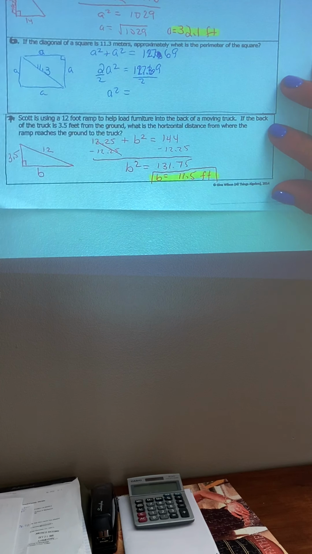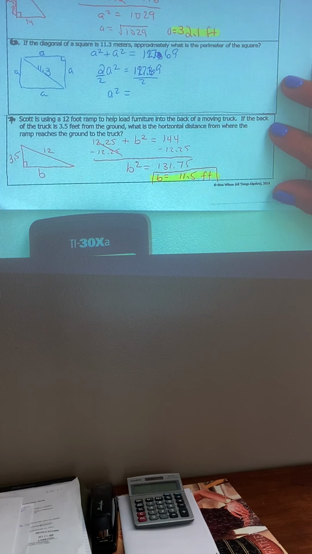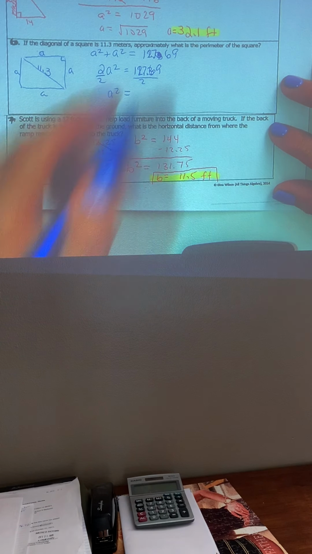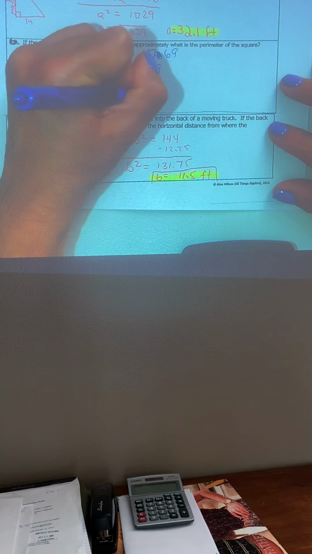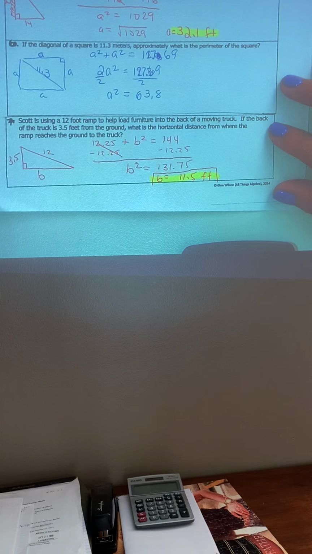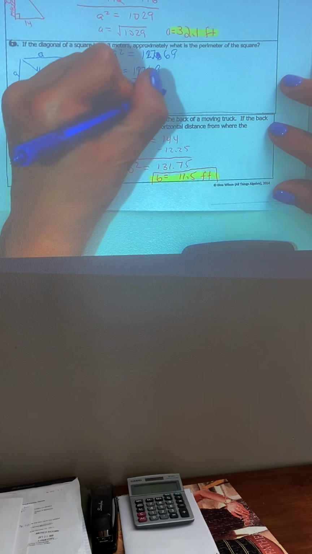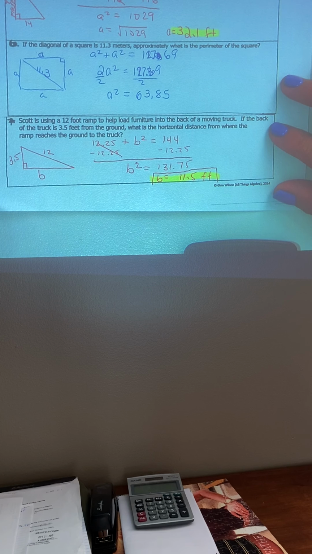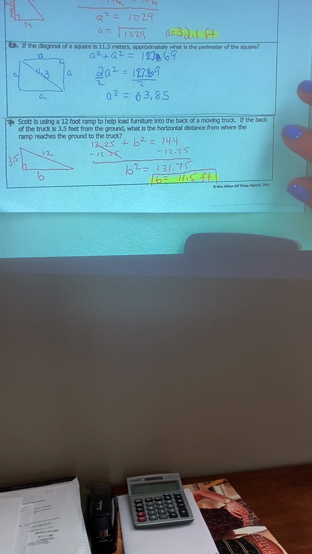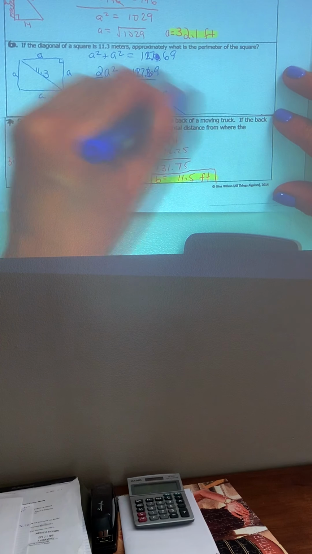So I get a squared equals 63.85, and I take the square root, which is 8. Does that make sense? All right, I'm not thinking clearly, guys, so we'll just skip that. Don't worry about that one.